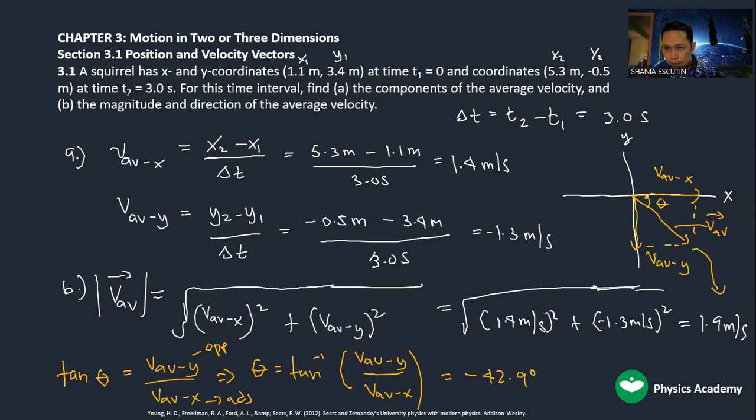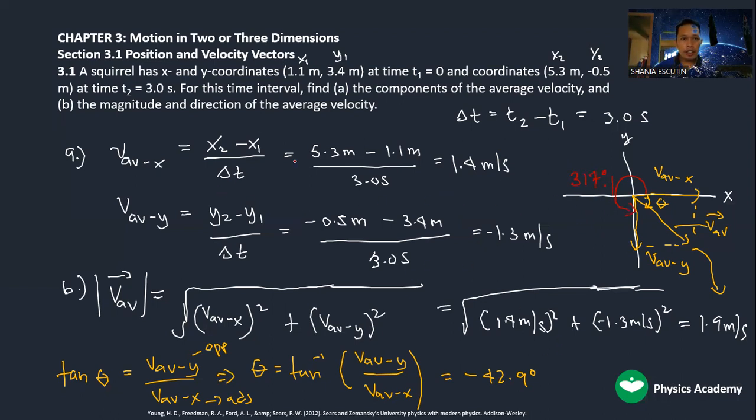From the positive x-axis, theta is 42.9 degrees. If you want to find the angle from the positive x-axis going around, the direction is 360 minus 42.9, so the angle from the positive x-axis is 317.1 degrees.